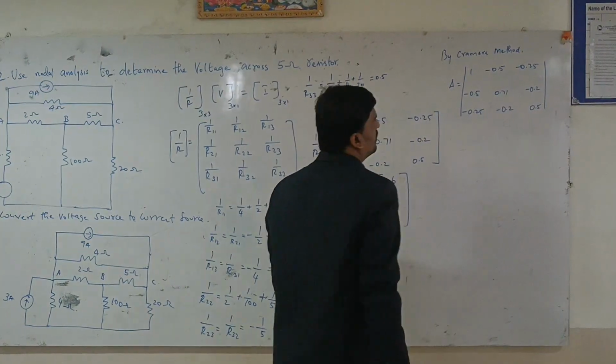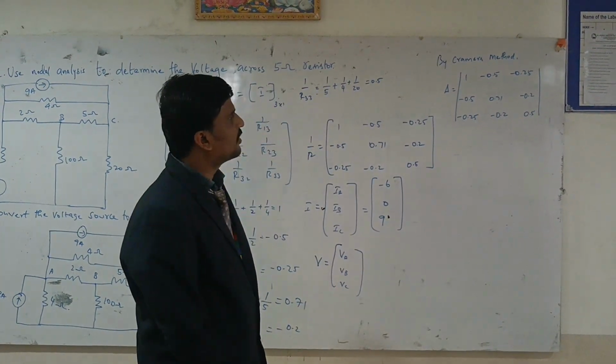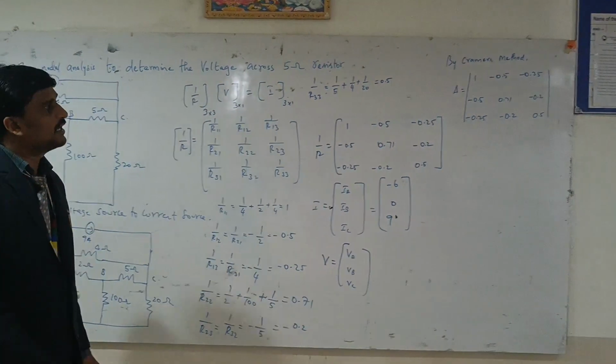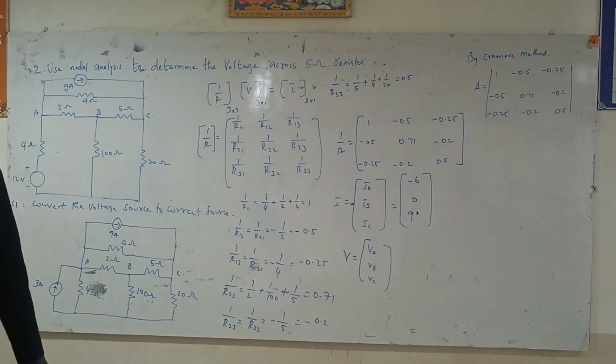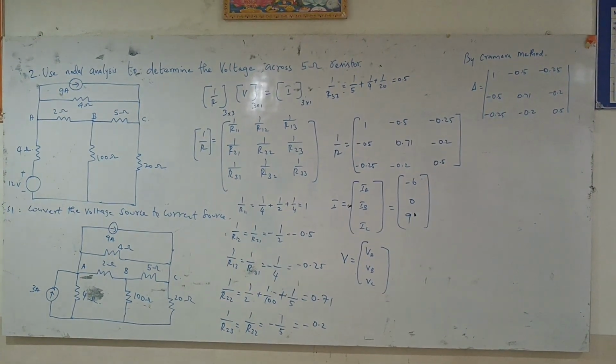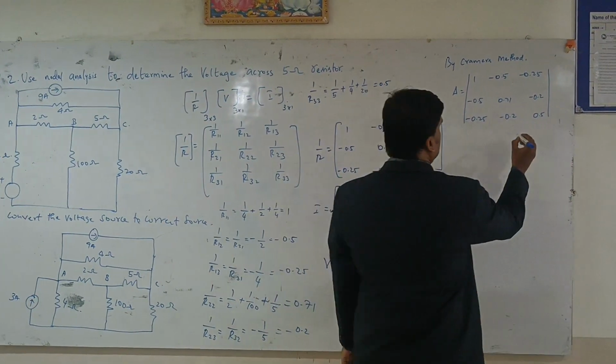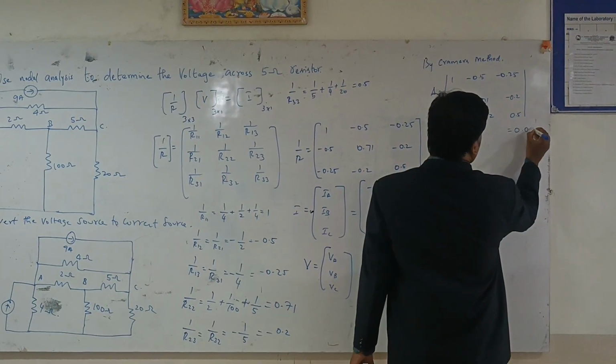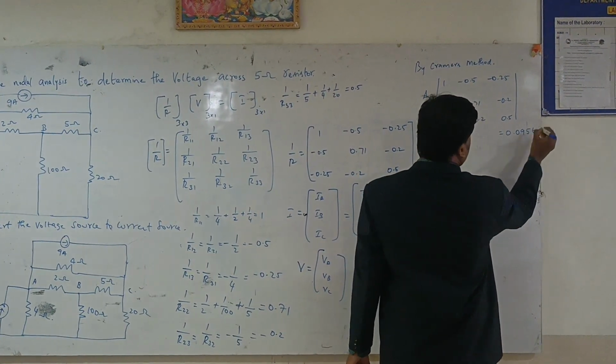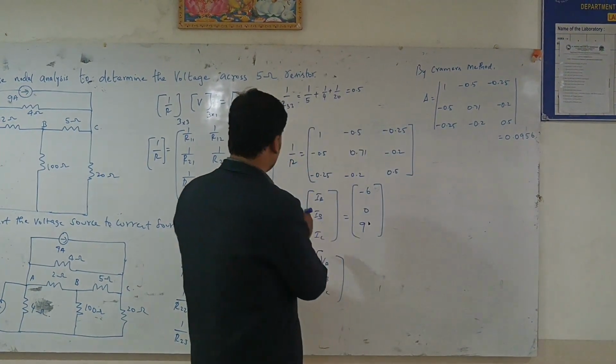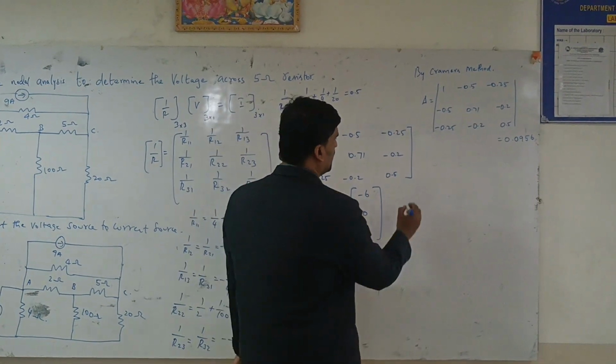So this value will be the determinant del. While solving this we are getting the value for del as 0.0956.